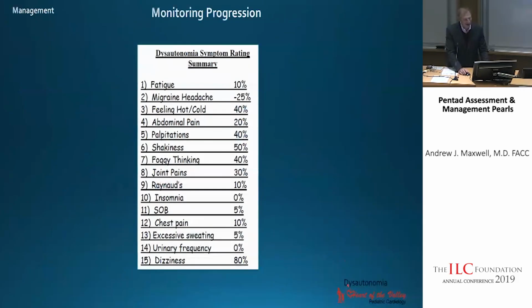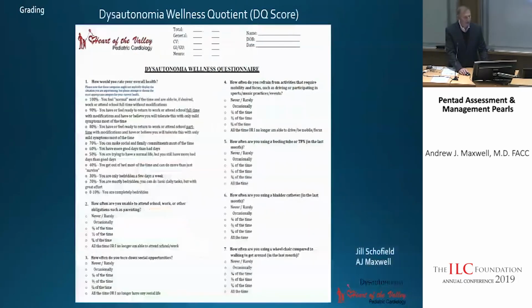Well, I've got all these different strategies I do to make the process of assessing and caring for patients better. Jill Schofield and I came up with something called a dysautonomia quotient, which is basically a questionnaire that they have to answer every time they come and visit me.